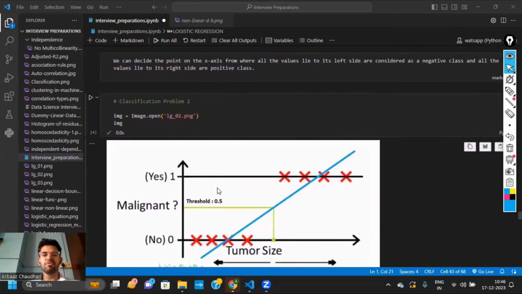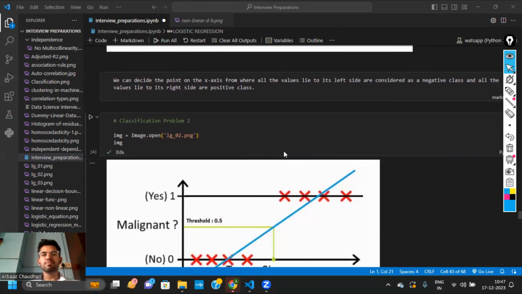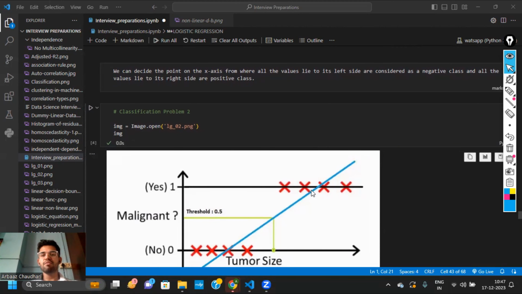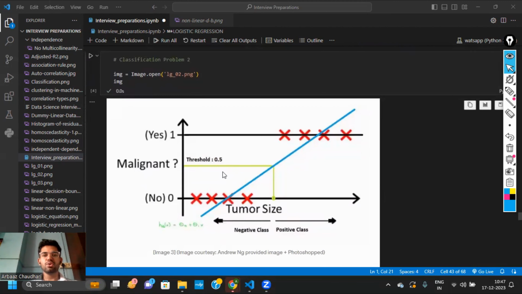If we plot it on the graph, the data points lying on the left-hand side you can easily say are in the 0th class, and the data points on the right-hand side are in class 1. So here also it is working properly.